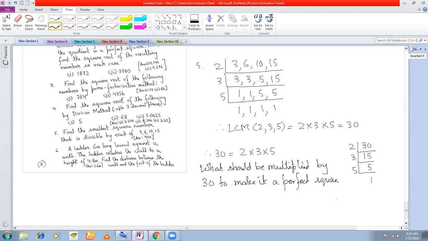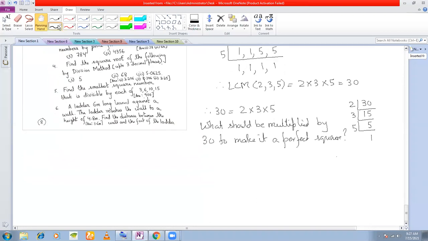That is the question now, right? So what should we multiply with 30? 2 is unpaired, 3 is unpaired, 5 is unpaired. Pair everything. So in order to pair 2, you must multiply by 2. In order to pair 3, you must multiply by 3. And in order to pair 5, you multiply by 5.